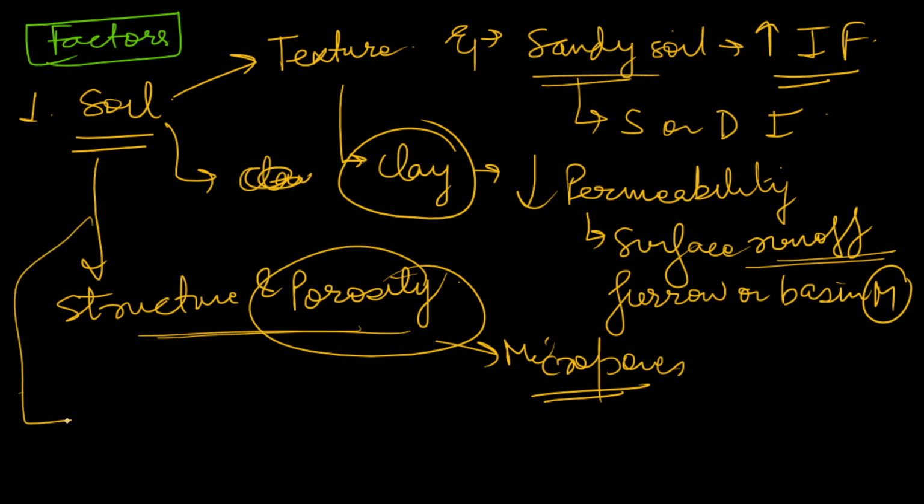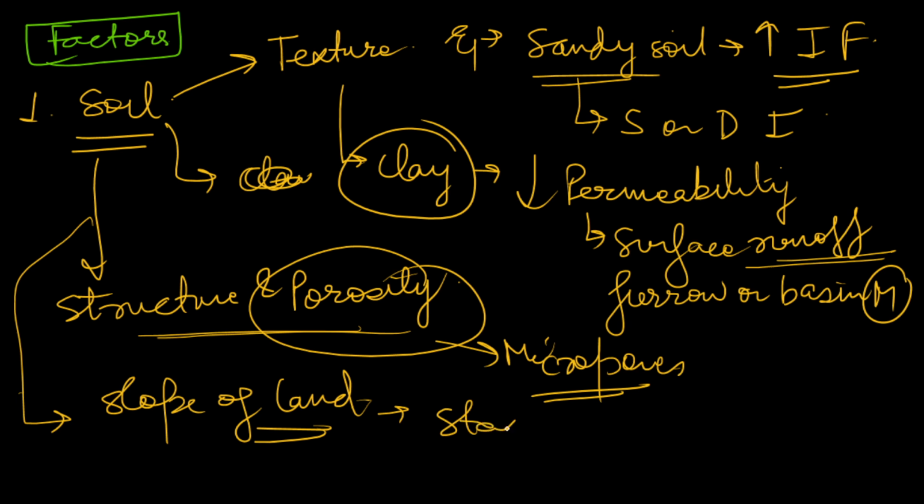Next, in soil only, you should know about the slope of land, because in steep slopes we will not do surface irrigation, because there will be higher runoff and erosion risks. So in steep slopes, try to use sprinkler or drip methods.